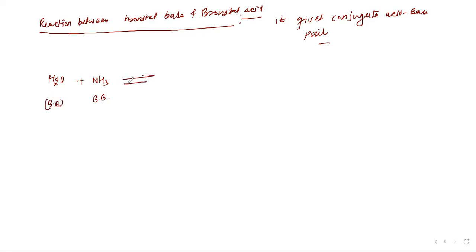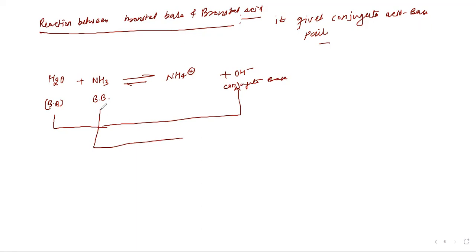Now, reversibly, what is going to happen? It will give NH4 plus and OH minus. So a Bronsted acid has a conjugate base.